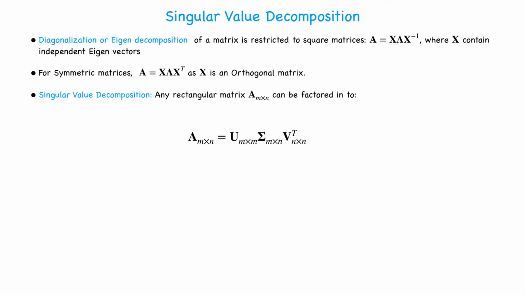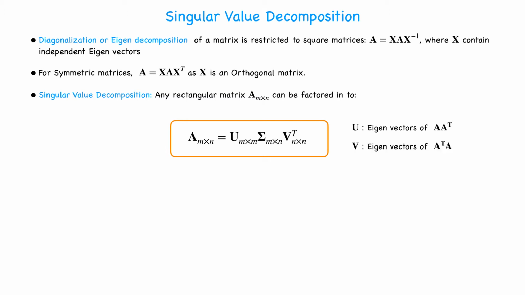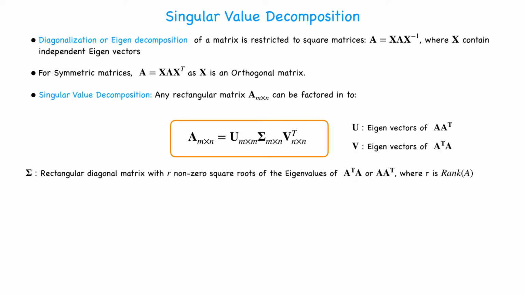As you can see, sigma and A have the same size. Let us also see how U and V are computed. U is the eigenvectors of A A transpose, and V is the eigenvectors of A transpose A. Sigma is a rectangular diagonal matrix with non-zero diagonal values, computed from the eigenvalues of A transpose A or A A transpose.